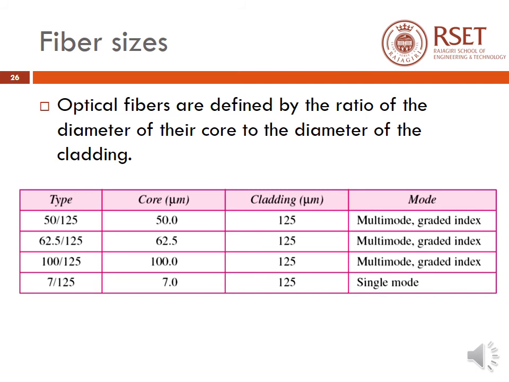Whereas the last one, that is the 7/125 type, here the core size is 7 micrometer and cladding is 125 micrometer, and it is a single mode fiber. So the different types of optical fibers are defined by the ratio of the diameters of the core and the cladding.